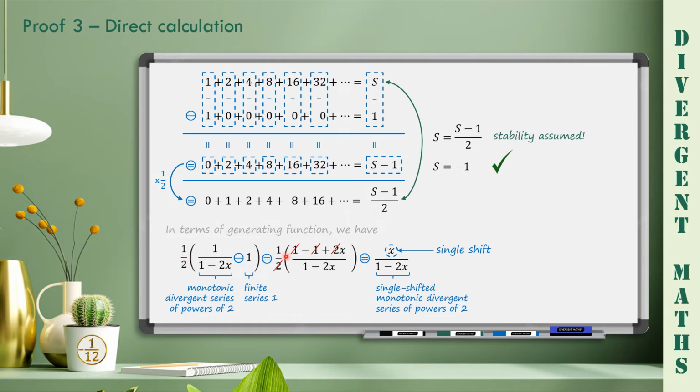So this algebra, interpreted in terms of generating function, represents the calculation that we have done here: this one minus that one multiplied by 1/2. Divergent series minus that finite series, which of course is convergent, multiplied by 1/2 equals the single shifted monotonic divergent series of powers of 2. So another proof, but remember that proof uses the property that the monotonic divergent series of powers of 2 is stable.